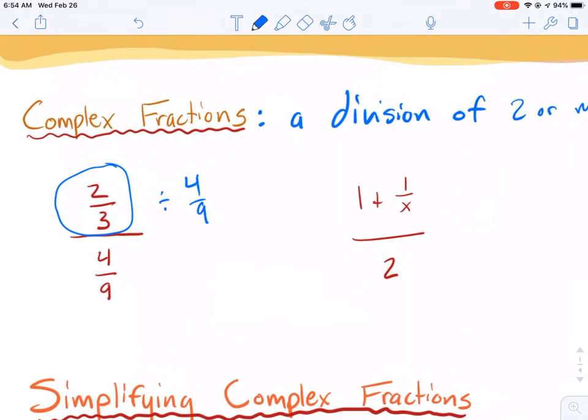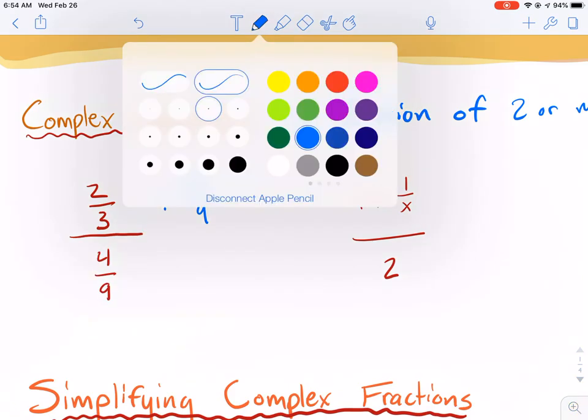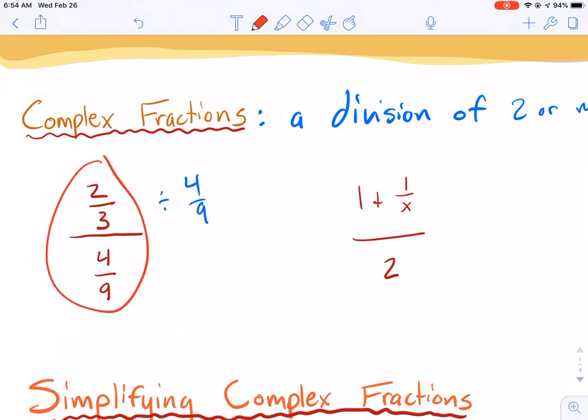Imagine this right here is the same thing as this division problem here. Division is the same thing as a fraction. So even though it looks much more complicated, it really isn't. 2 over 3 divided by 4 over 9 is the same thing as 2 over 3 over 4 over 9.